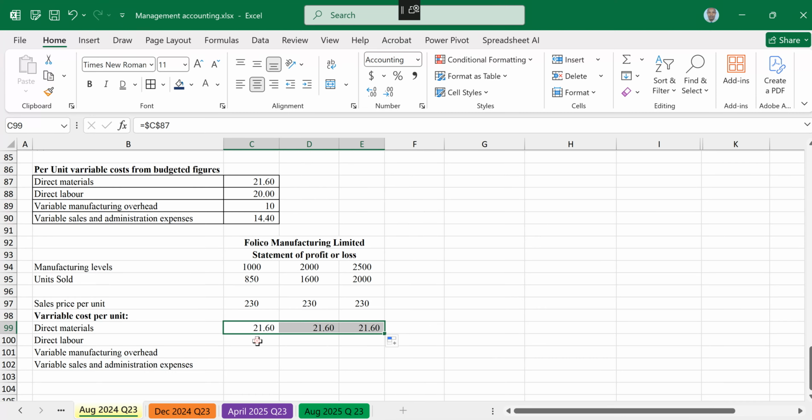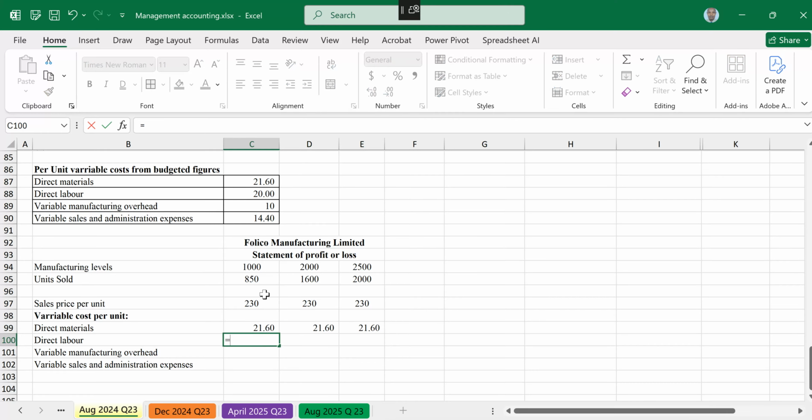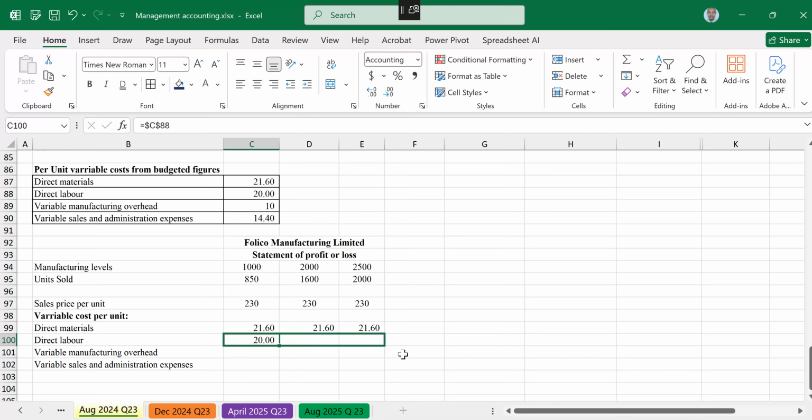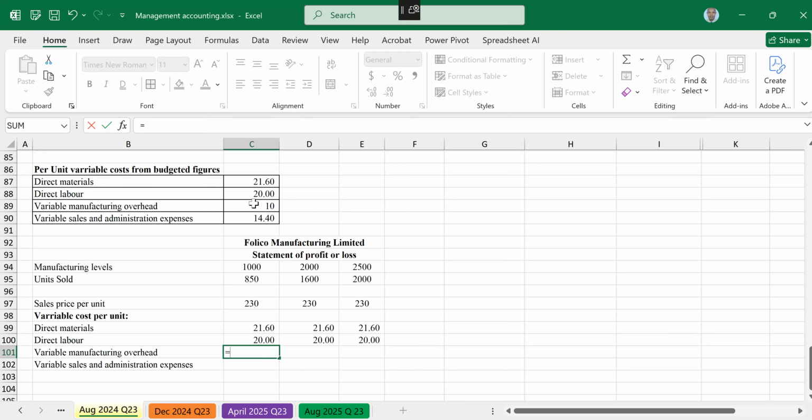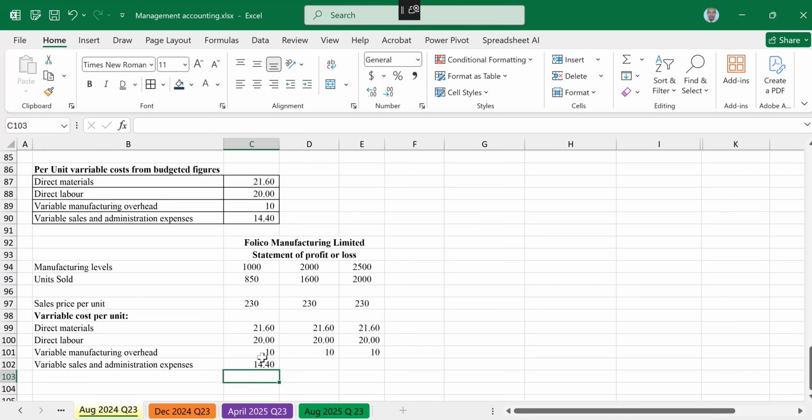Same to direct labor: equal sign, click on 20, lock, enter, drag across. Same to the other one: 10, lock, drag across. Same to the last one: 14.40, lock, then drag across.